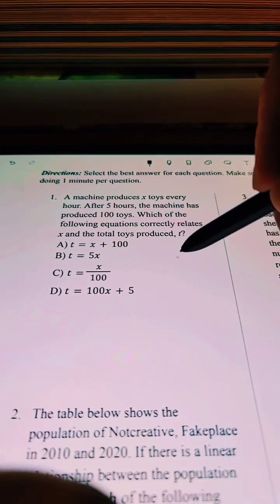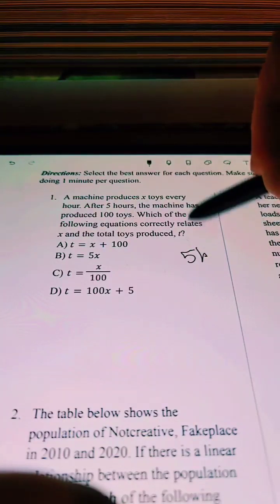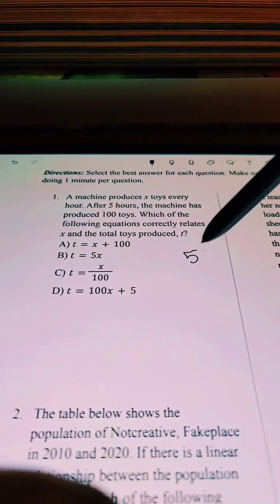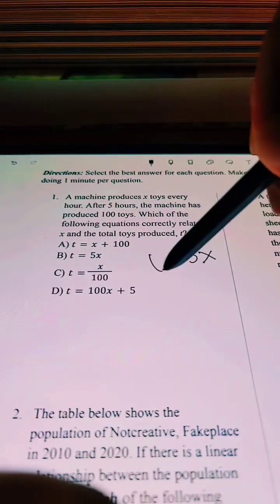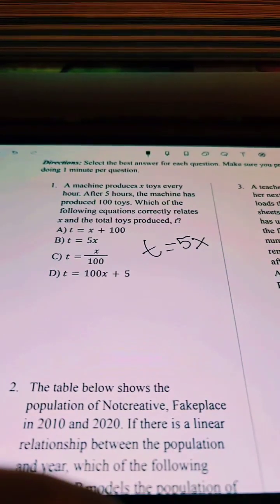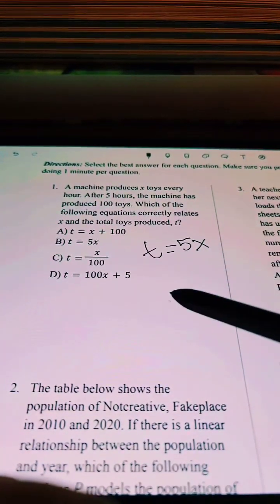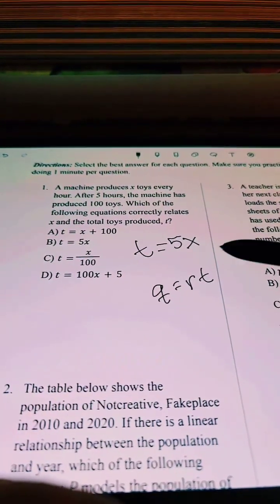So it's going to be the rate times the number of hours, which is going to be 5. I keep wanting to put H because it's hours. But no, 5 times the X toys every hour is going to give you the total number of toys. So what's that formula called? It's the one that's quantity is equal to rate times time.